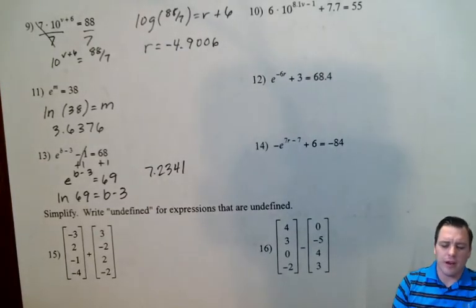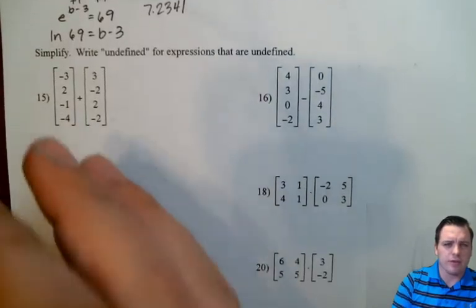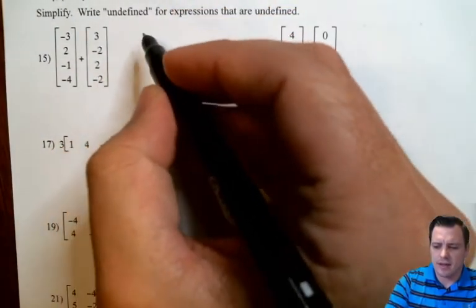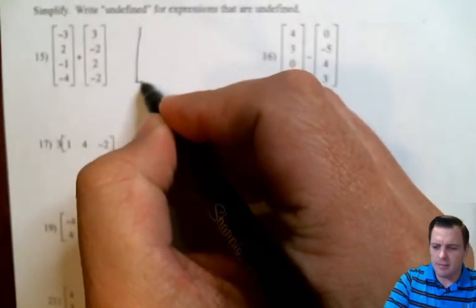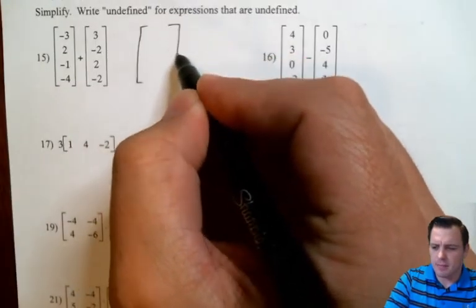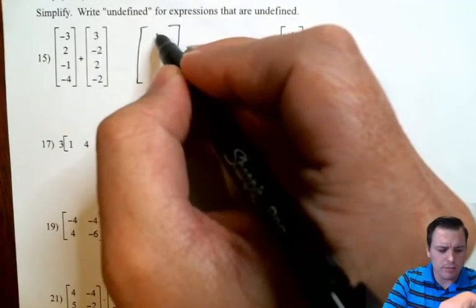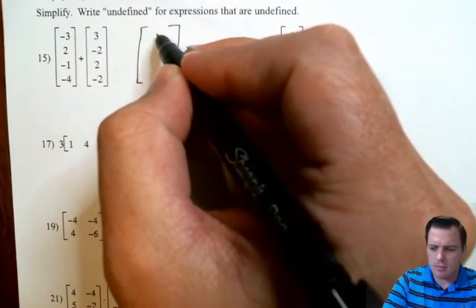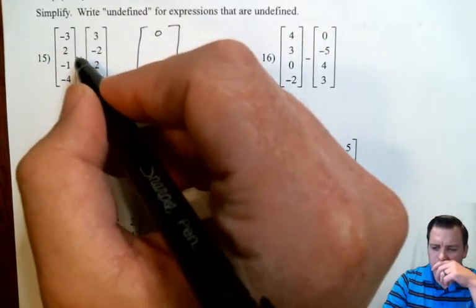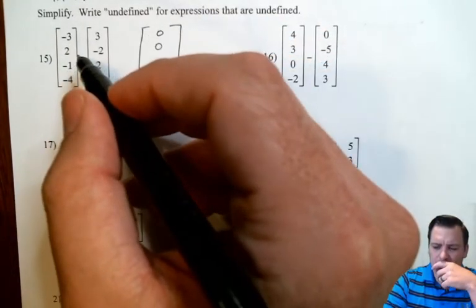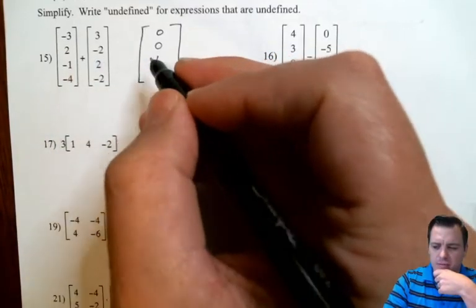Now going from there, let's look at 15. We'll do the left side of this so we don't have to be on here forever. The left side of this is going to produce that same thing. Negative 3 plus 3 is 0. 2 plus negative 2 is 0. Negative 1 plus 2 is 1.